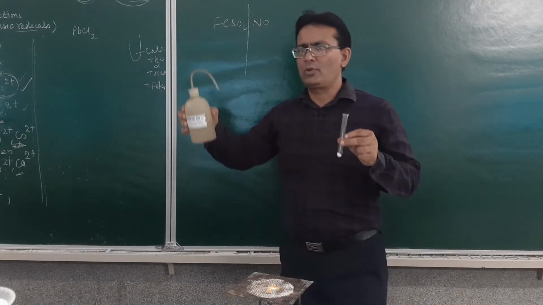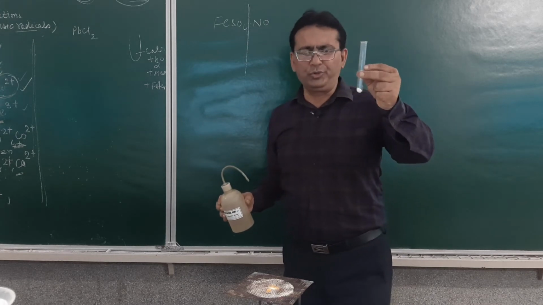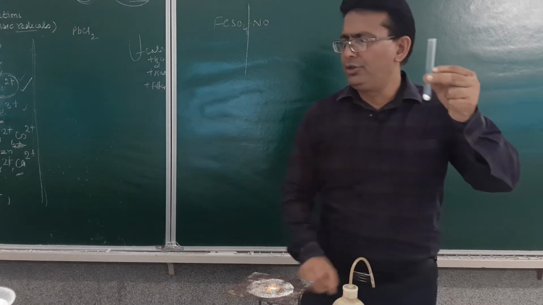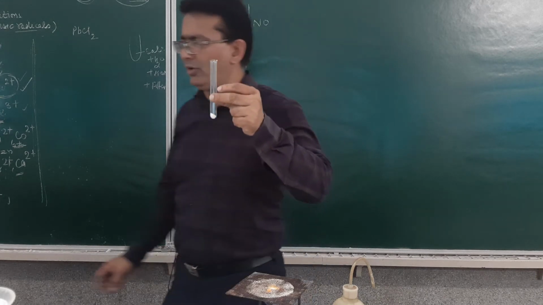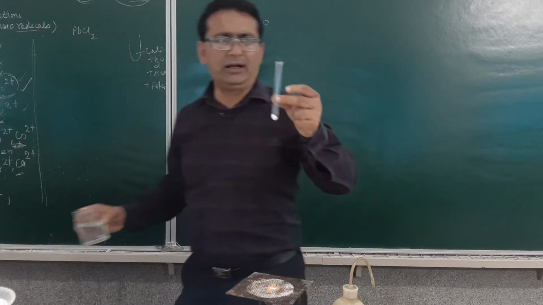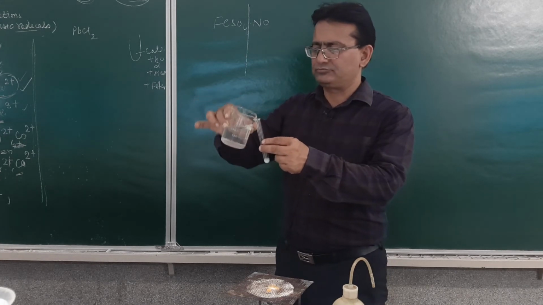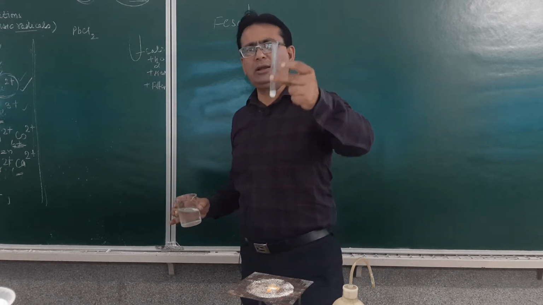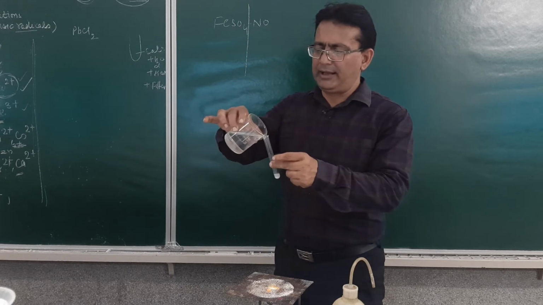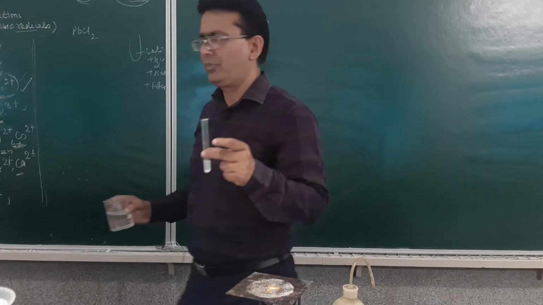Fine. How is it to be done? First of all, the original solution is to be prepared. Just see over here, students. We'll take a salt. To the salt, we will add water. Am I clear? We have taken the salt, and to the salt, we have added the water.